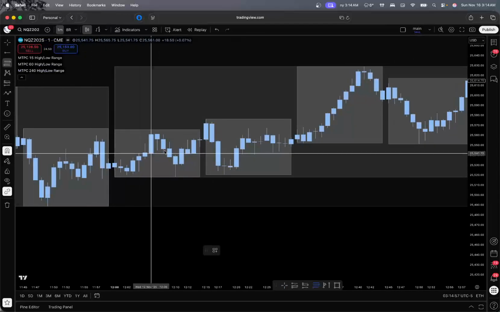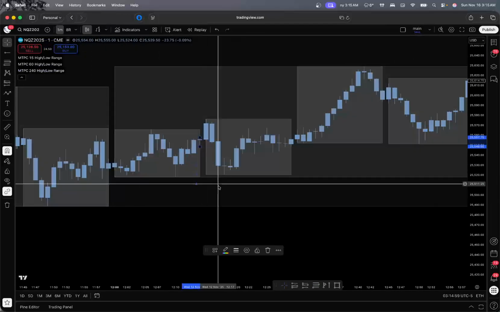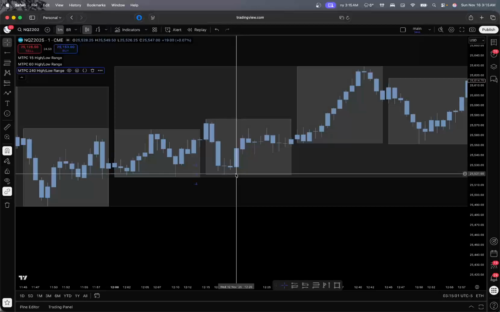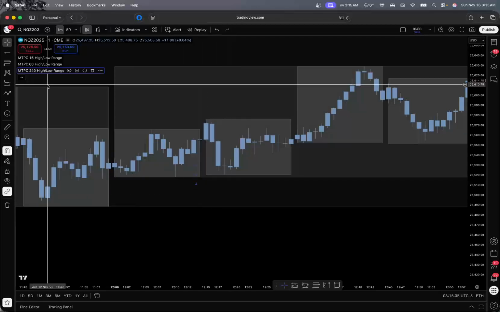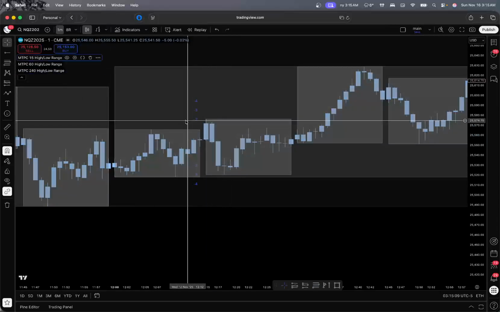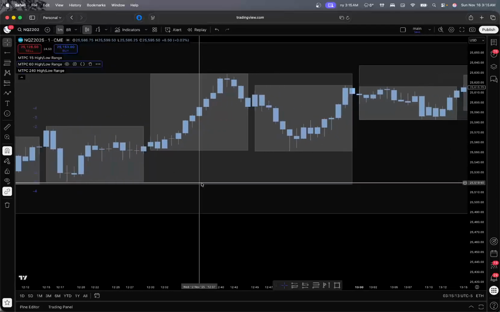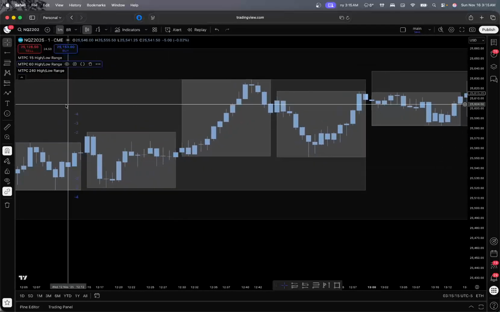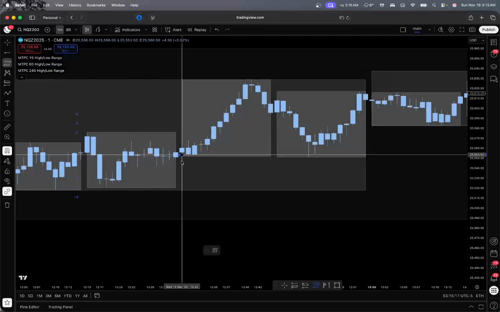Look, -3, bottom tick. I didn't even mean to do that. -2, top tick. This one probably doesn't hit.